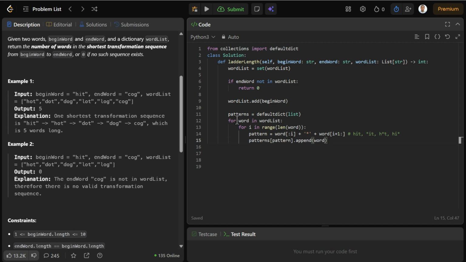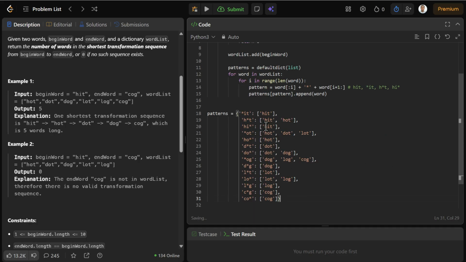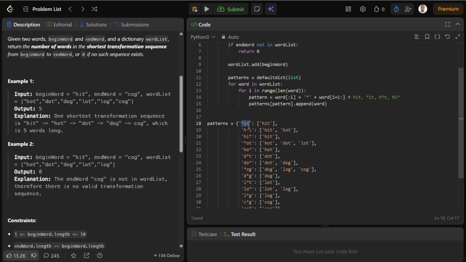Now what does pattern look like? I'm just going to copy a value of what I printed as the patterns. So this is what pattern is going to look like. For example, we have h star t. Star it comes from heat, h star t comes from heat, because it's appending those words, and h i star also comes from heat. Then if you go to the next word, which is hot, this is star o t, which is hot here.